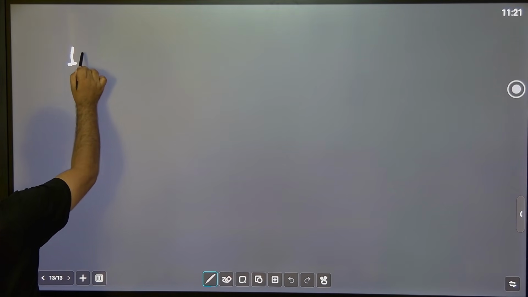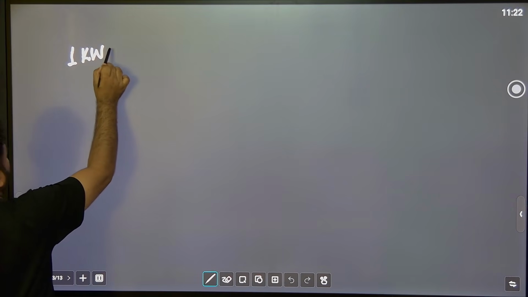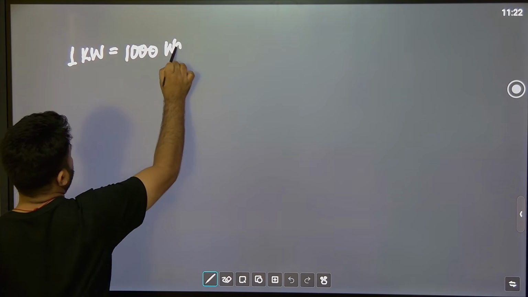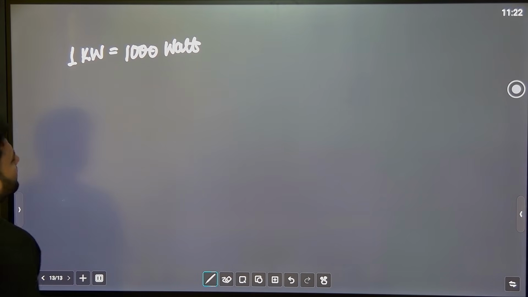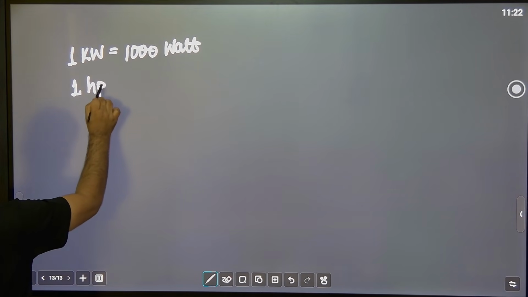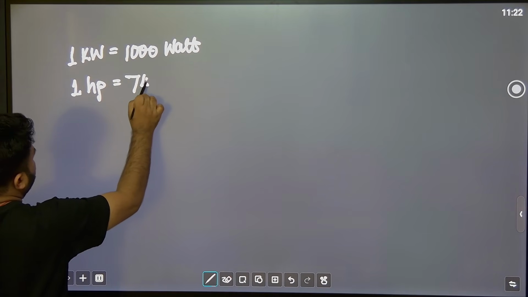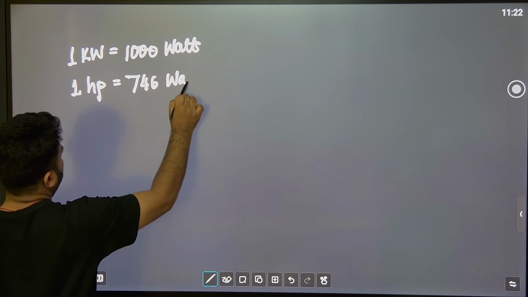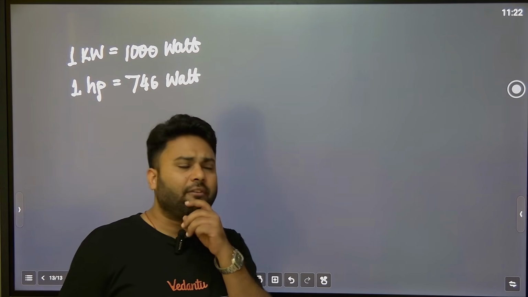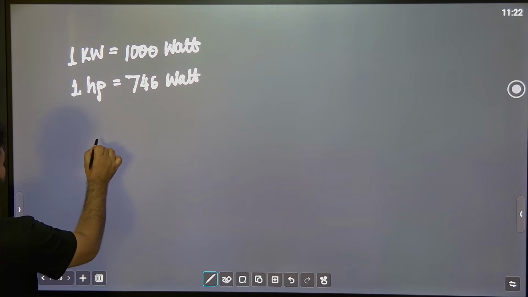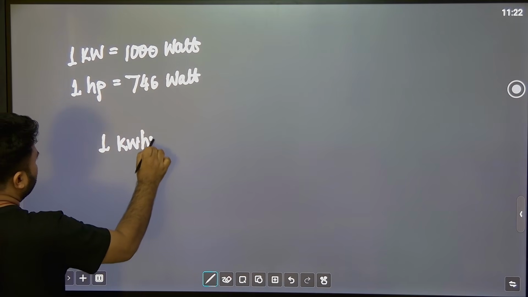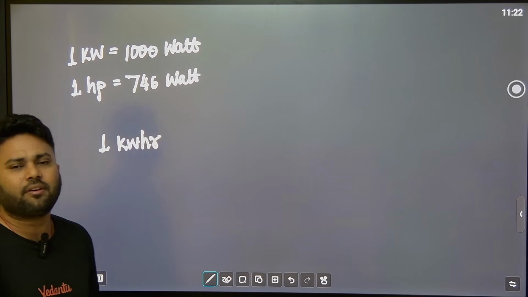You should remember other units of power. Kilowatt is a bigger unit of power. 1 kilowatt is equal to 1000 watt. Then 1 horsepower, 1 HP, equals 746 watt. Now there is a term called kilowatt hour. What is 1 kilowatt hour?